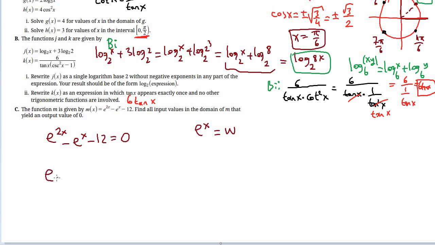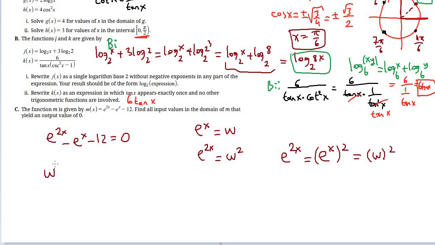So e to the 2x will be w squared, because e to the 2x is e to the x to the second. You can switch the powers here. So it's going to be w squared. So now let's rewrite this function.